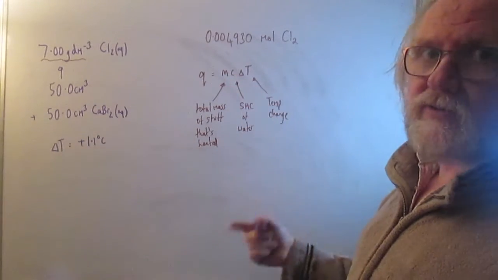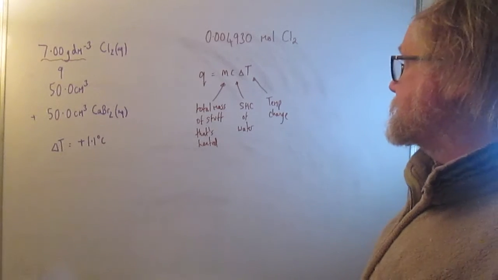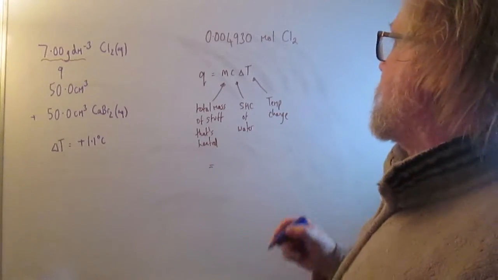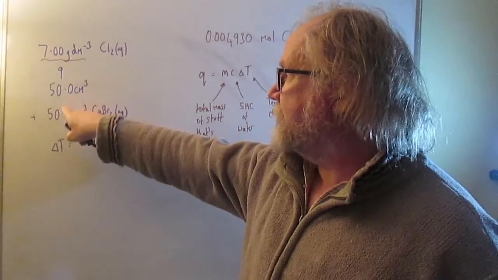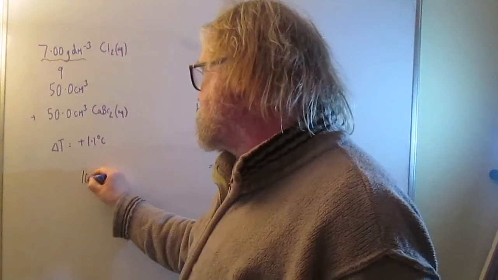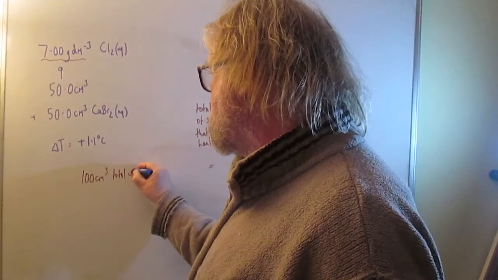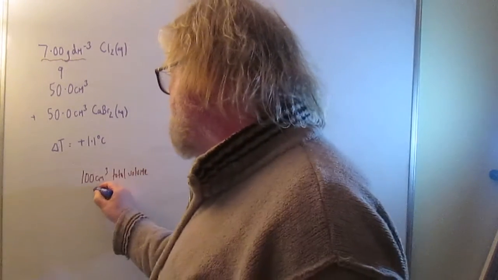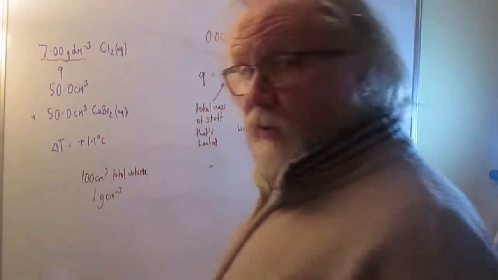Especially m is the one people are likely to get wrong. It's not the mass of what's reacting, it's the mass of what's being heated up, which is in this case the mass of the solution. So we've got to think where we get those numbers from. Now m comes from the fact that we have a total volume of 50 plus 50 is 100 cm cubed, and that's what the heat is being spread out through, and we assume that we have a density of 1 gram per cm cubed for aqueous solutions.